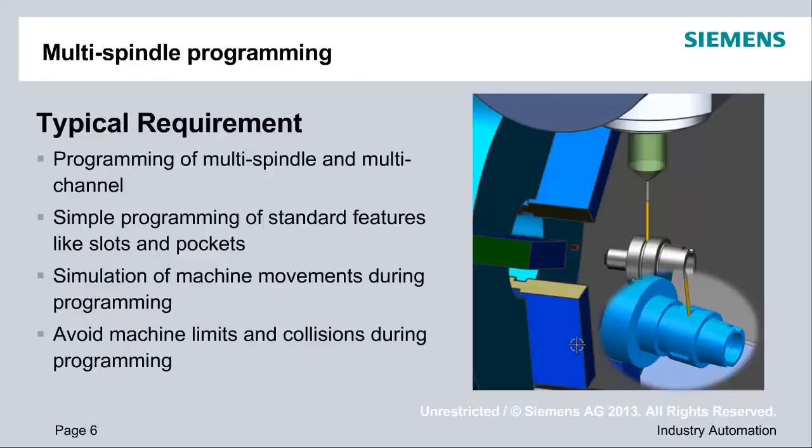And we provide functionality in NX to directly program these simple slots, including a simulation of the slot inside the operation. I want to show you how to program a slot around a cylinder and how easy this can be done in NX. All of this is for sure part of the NC program simulation inside NX to avoid machine limits and collisions.